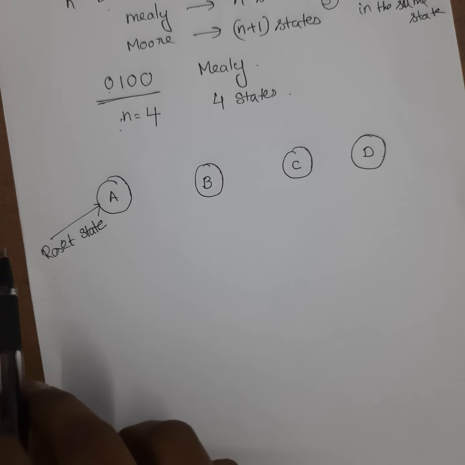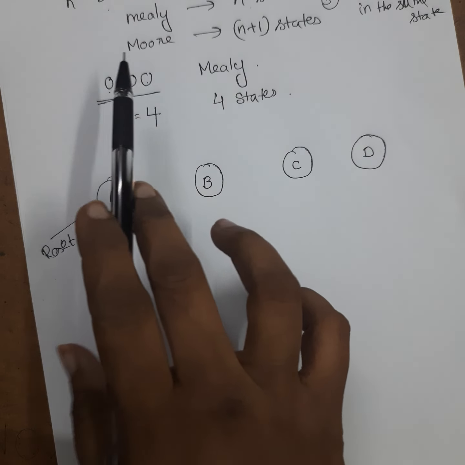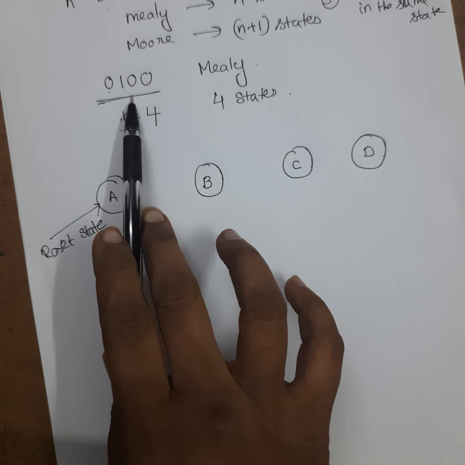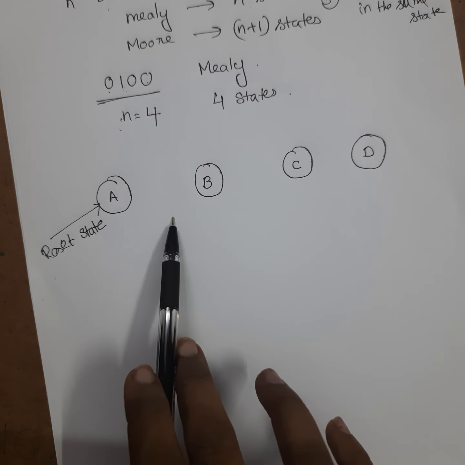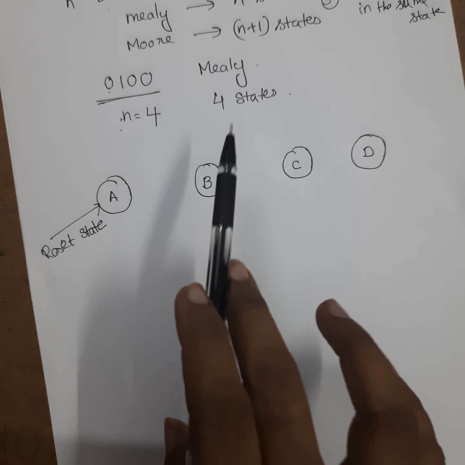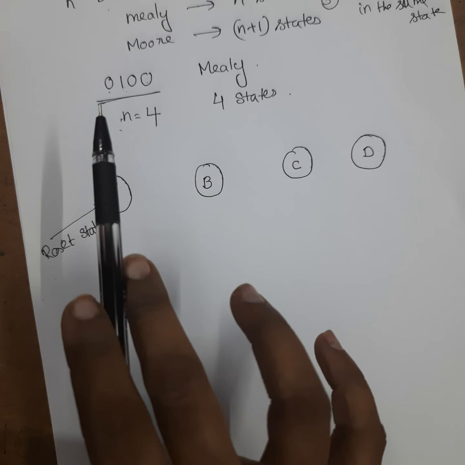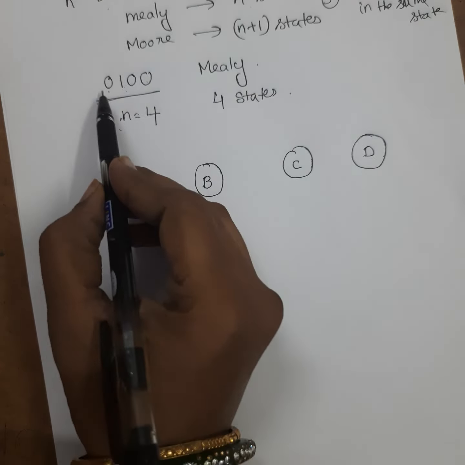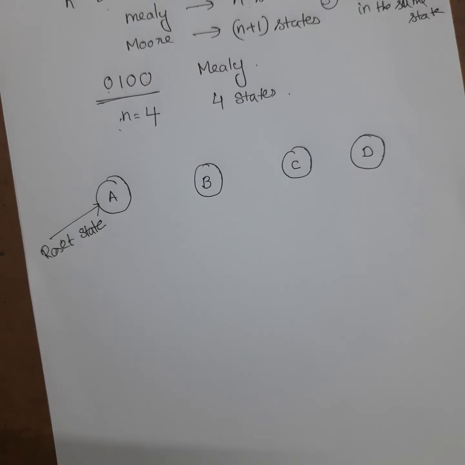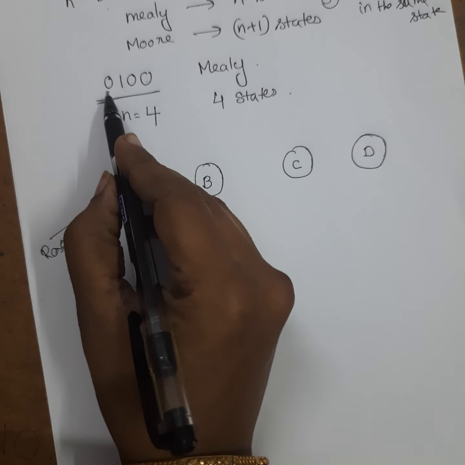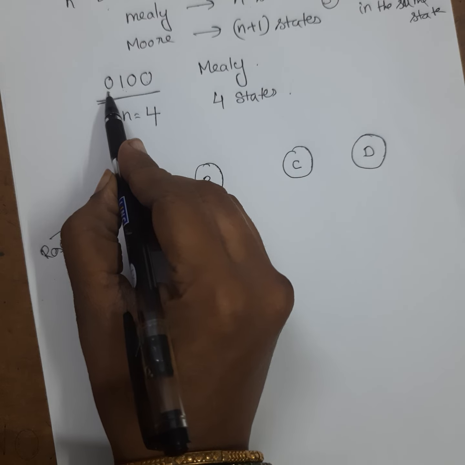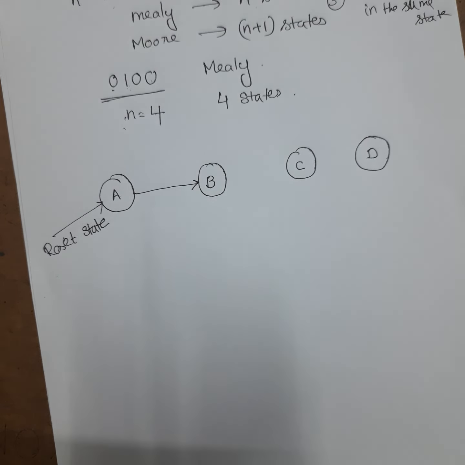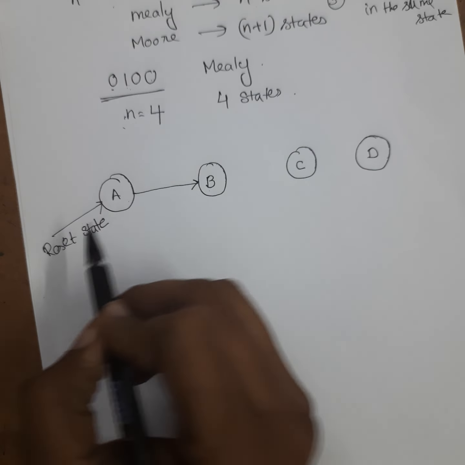For the sequence detector, whenever the required pattern is available, the state machine moves forward. If you don't get the required input, it stays in the same state. So here, first 0. This is the required pattern, so it moves forward to the next state.